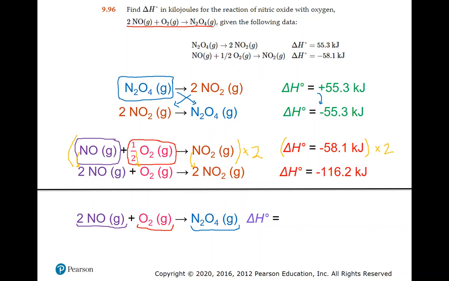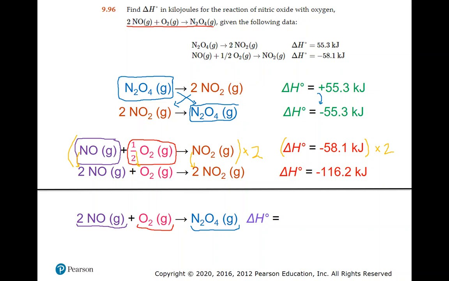correct amounts. And if you look at the two equations that we derived from the original ones, if we now add those two together, we'll actually end up with the reactants on the reactant side, the products on the product side, both in the correct amounts.